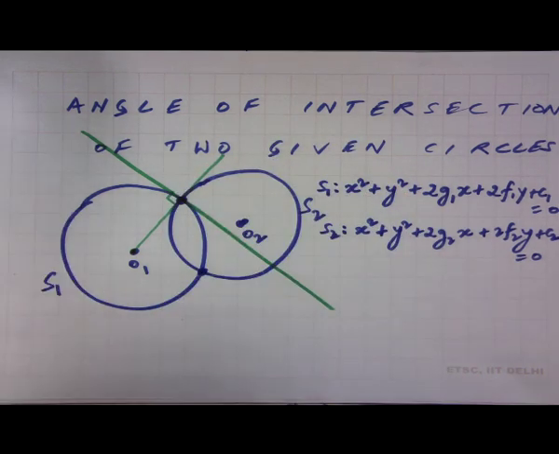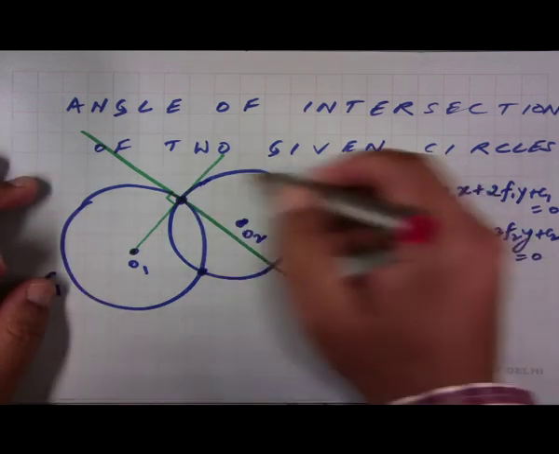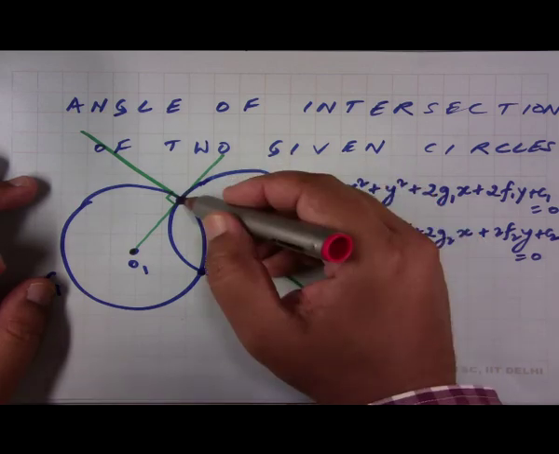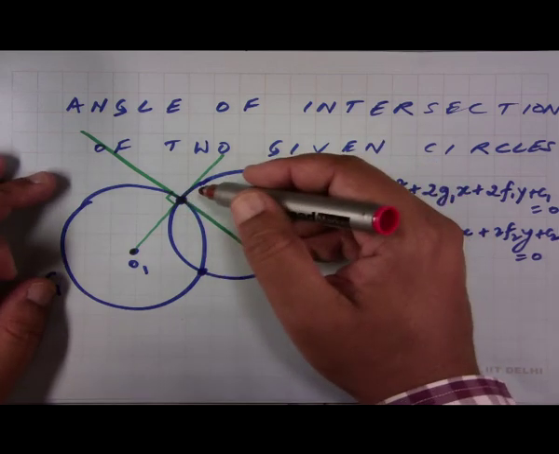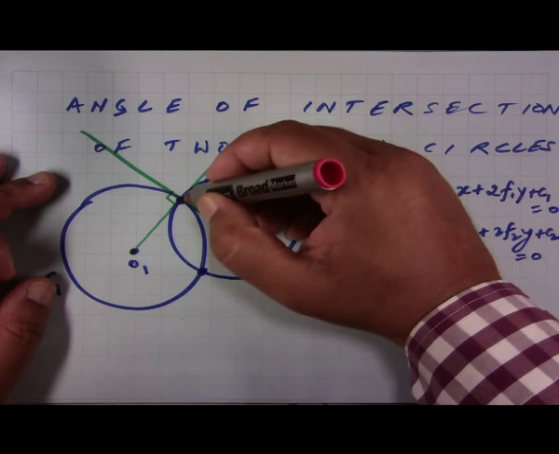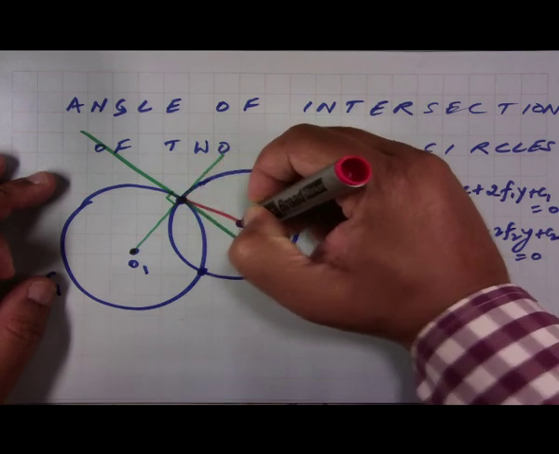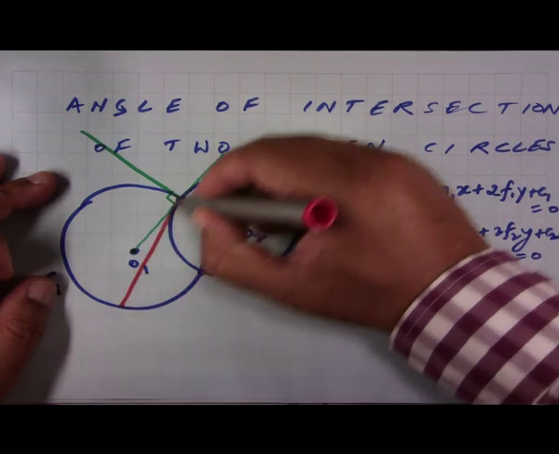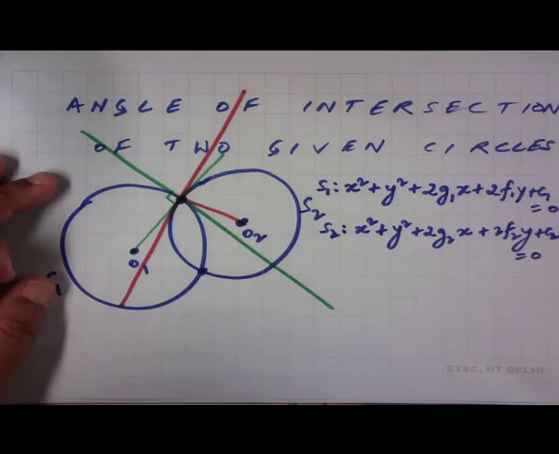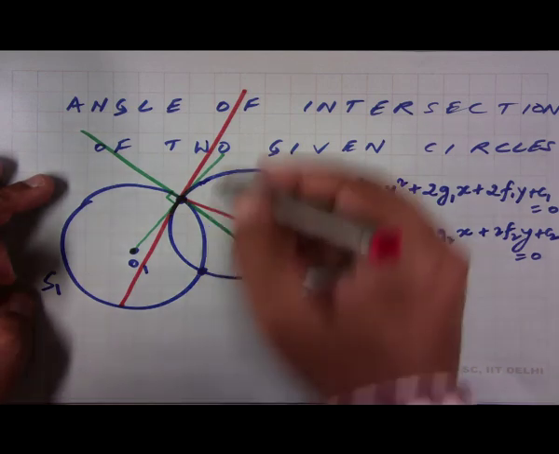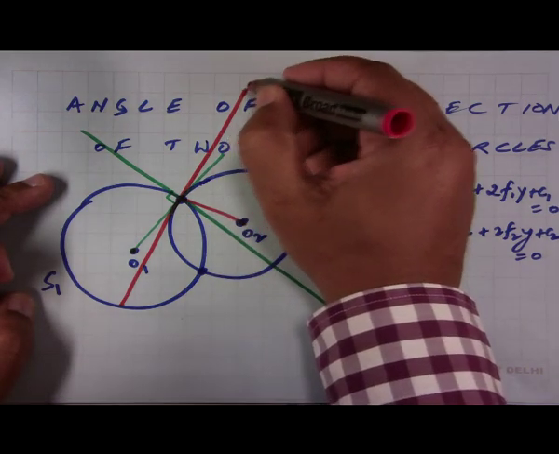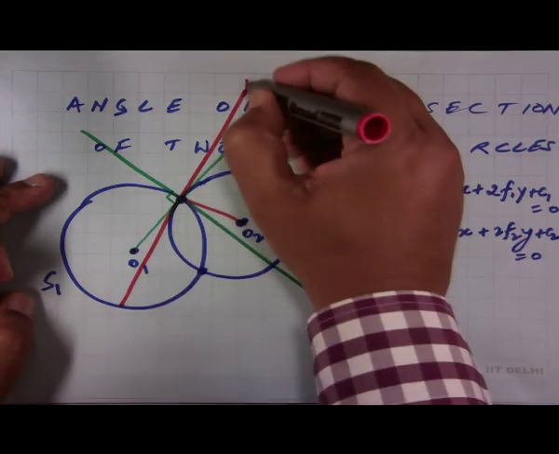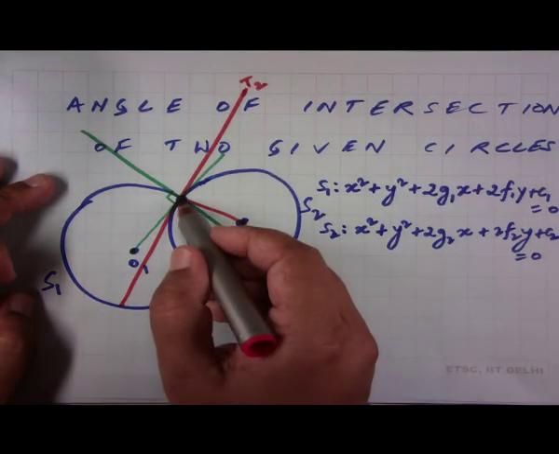Similarly, let us also draw a tangent to the second circle at the same point of intersection. So, that tangent is drawn in red here. So, that might look something like this. So, this is the straight line tangent to the second circle at this common point of intersection.